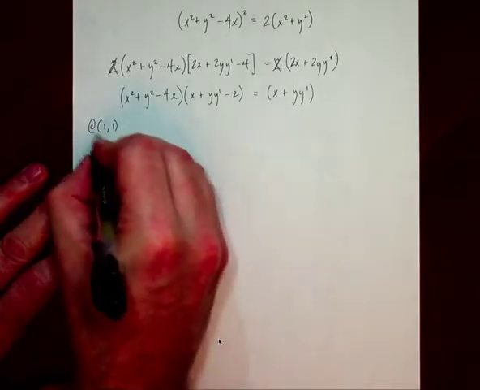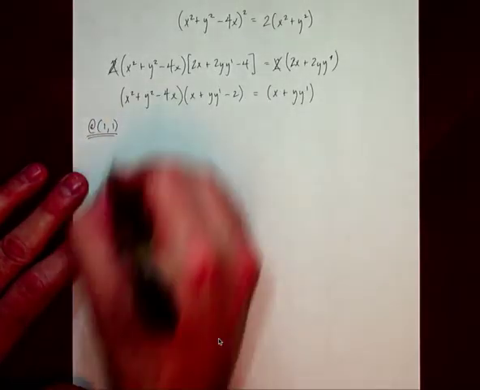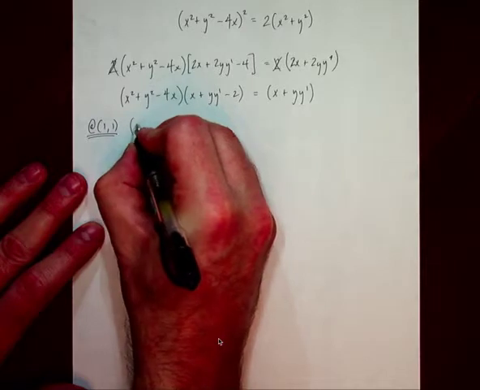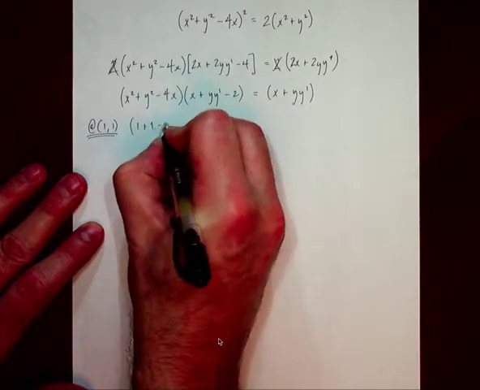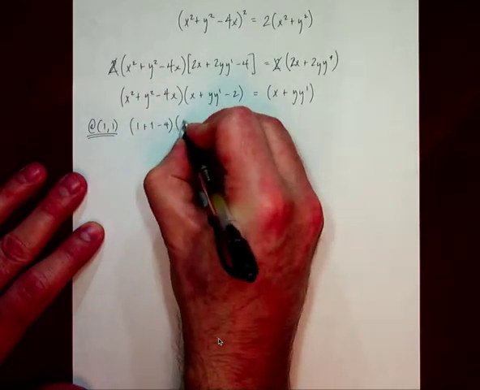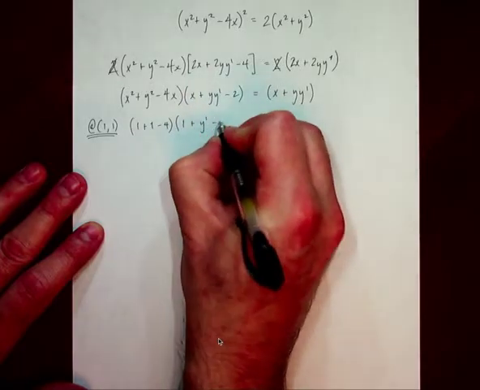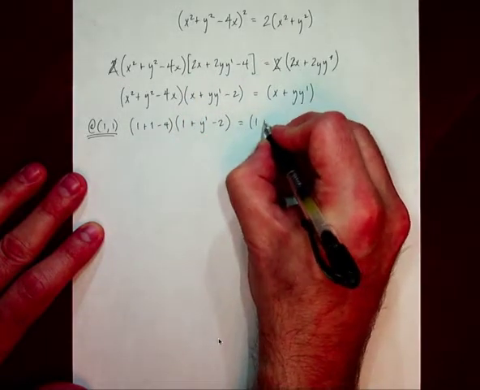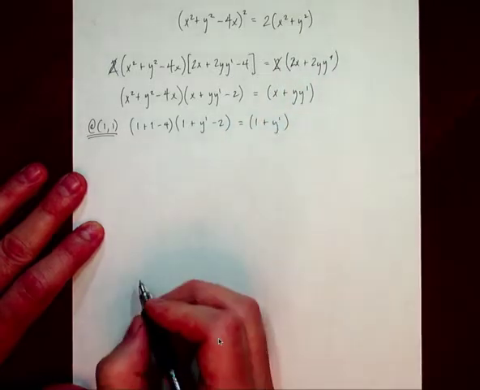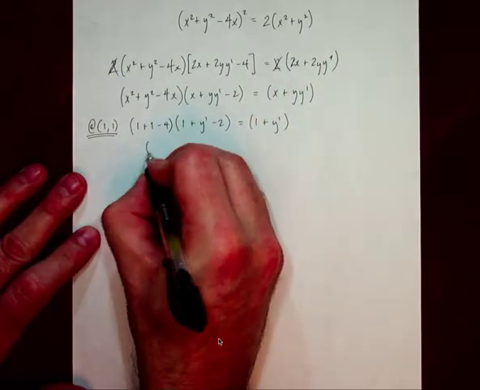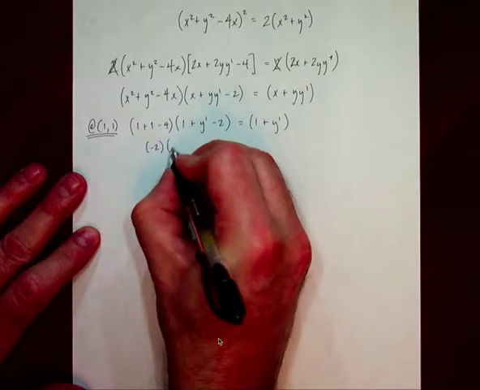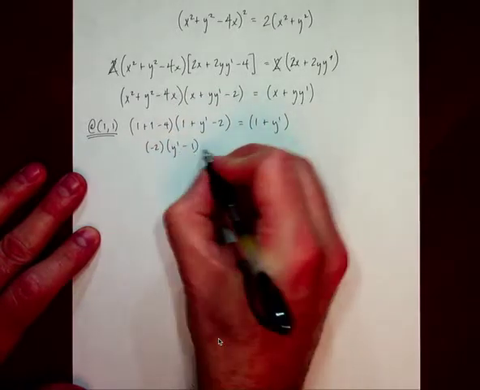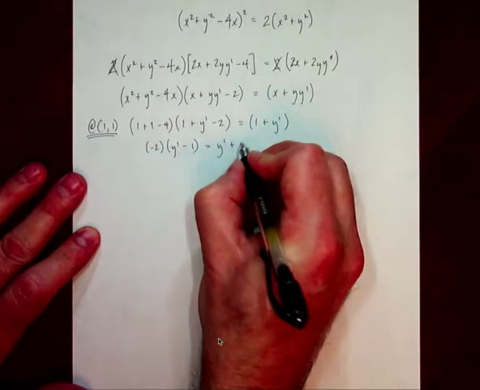So let's go ahead and evaluate it at (1, 1). And so this winds up being (1 plus 1 minus 4) and then (1 plus y prime minus 2) is equal to (1 plus y prime). You see how that makes it easier? This is negative 2, and this is y prime minus 1, and this is y prime plus 1.